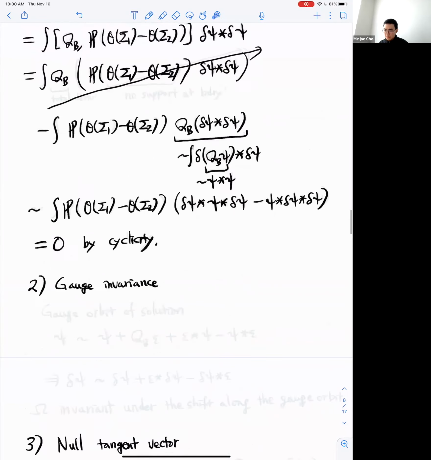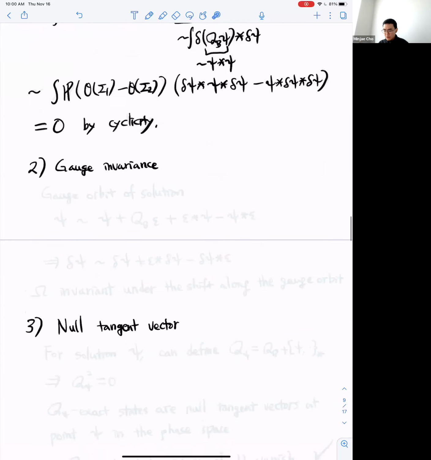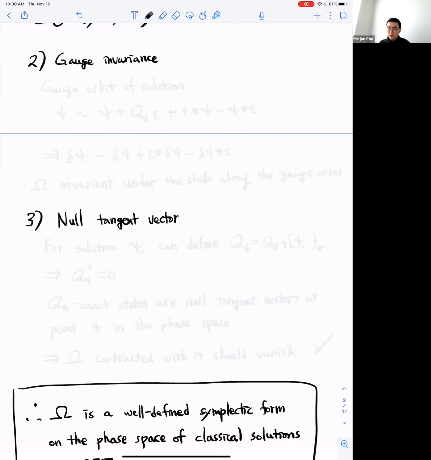So what this is showing is that this symplectic form is independent of the choice of this slice. And we have to show further properties in order to claim that this is a well-defined symplectic form on the phase space, and they have to do with gauge invariance. So we know that once we are given a solution of open string field, there exists a gauge orbit of the solution. So say we have solution psi.